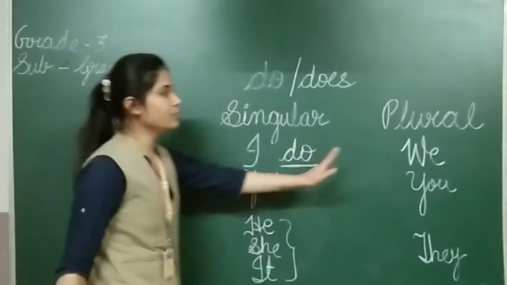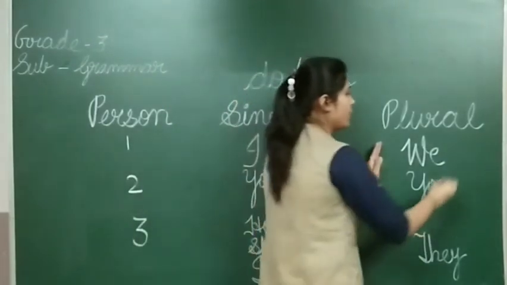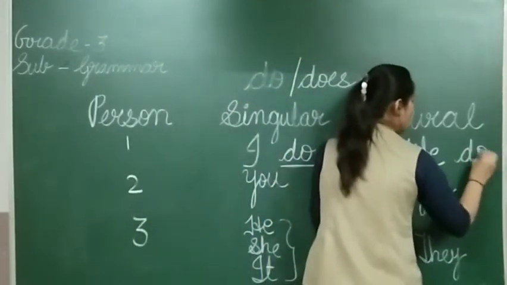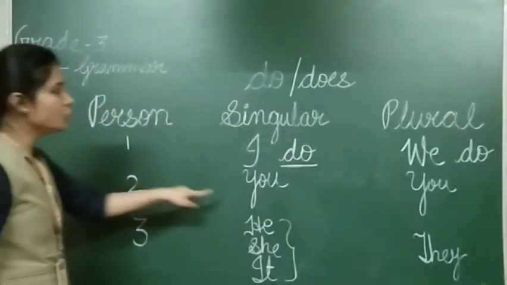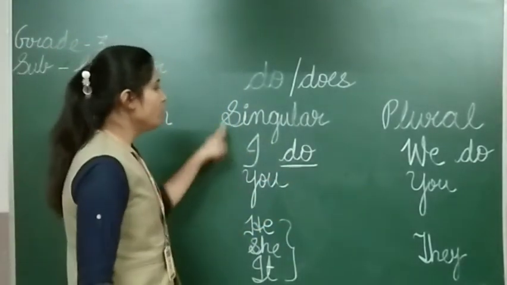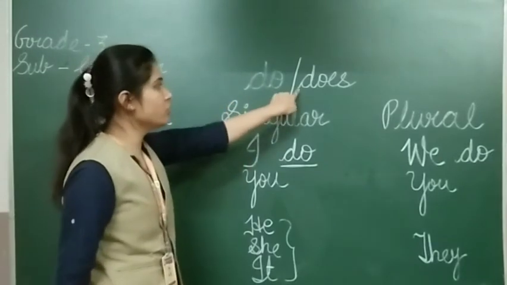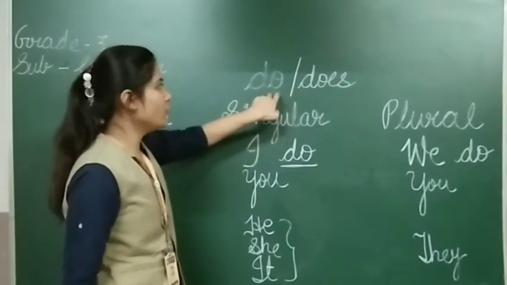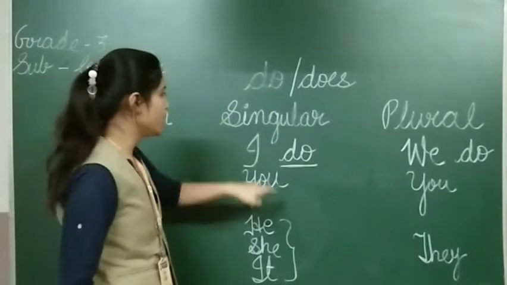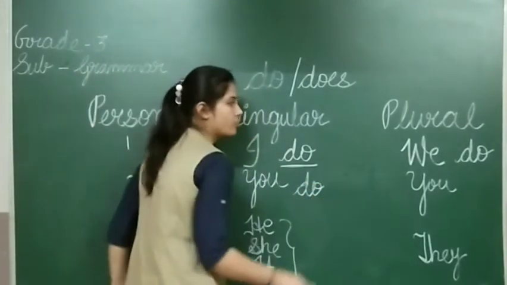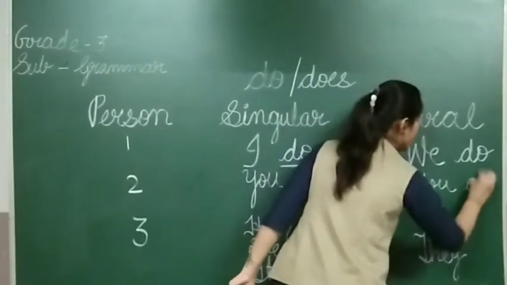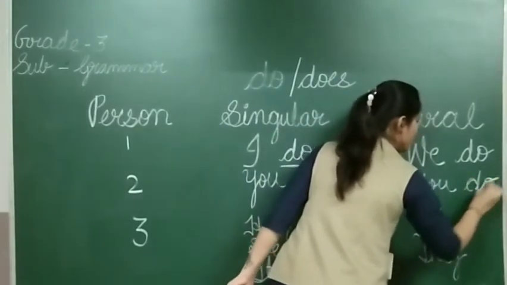In first person plural, with we, we use do. Now in second person, you is given to us. Here we have to use do, without s, because here it is you. Here also we will use do.